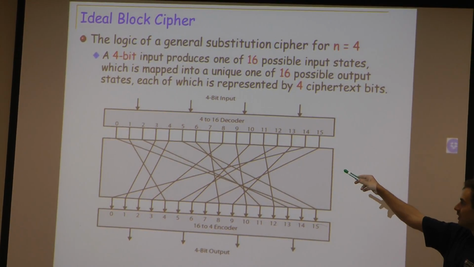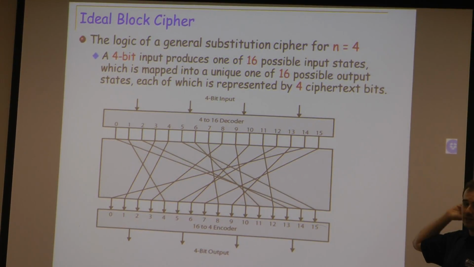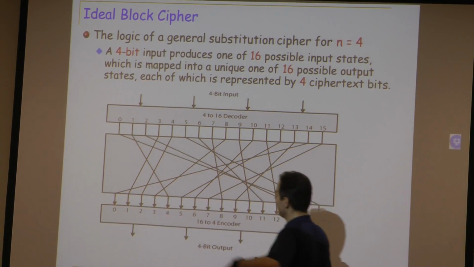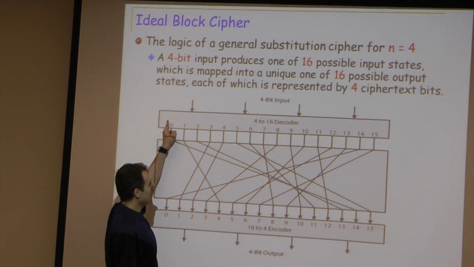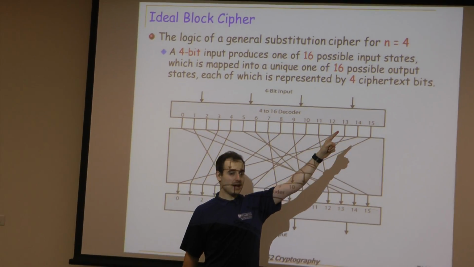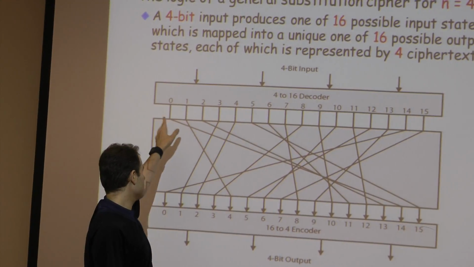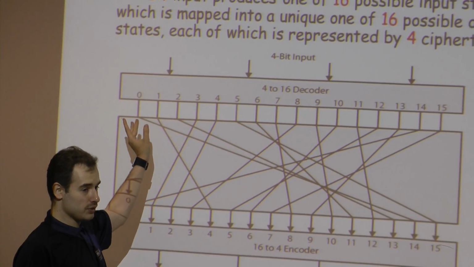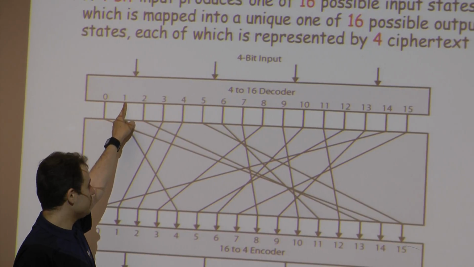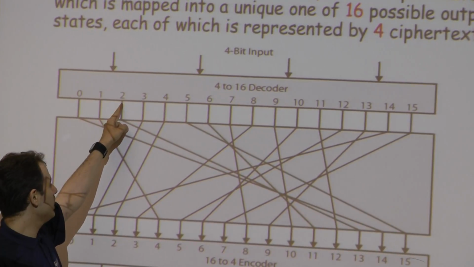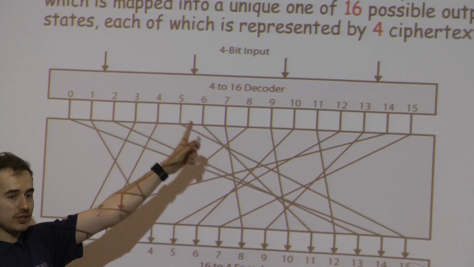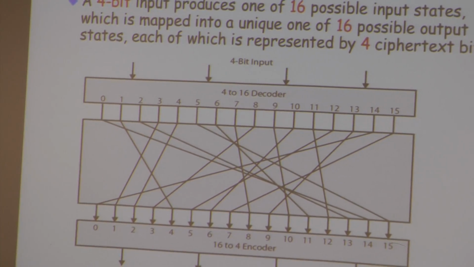So, let's say that I have a 4-bit ideal block cipher. On this side, I have my plain text blocks, and my plain text blocks will range from 0000 to 0001 to 0010, etc., all the way up to 15. And that should make sense, right?